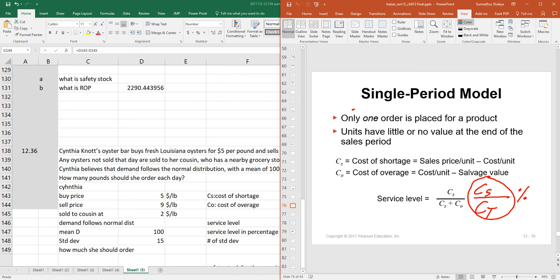If this percentage is higher, the business will tend to order a lot more in order to maintain a higher customer service level. Why? Because the cost of shortage is higher compared to the total cost. If that's the case, even if there is a lot of waste, in order to maintain a higher customer service level, you will tend to order a lot more. Okay, now this was just on a side note.